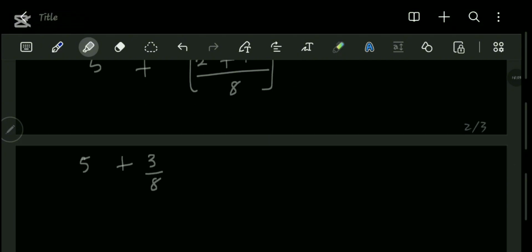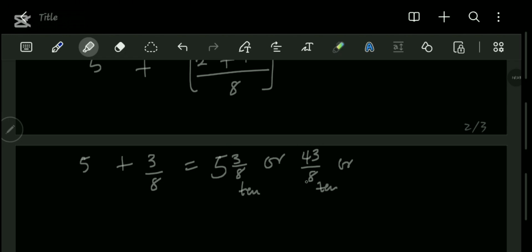So you can leave your answer in this way as 5 whole number 3 over 8, or you could convert it. 8 times 5 is 40 plus that is 43 over 8, or both of them are correct in base 10. I just changed this one to an improper fraction here, right?